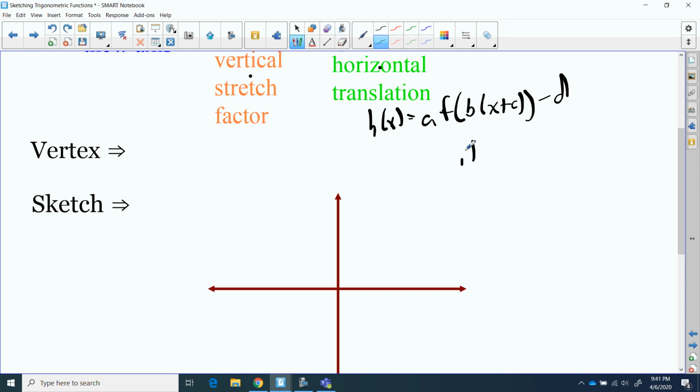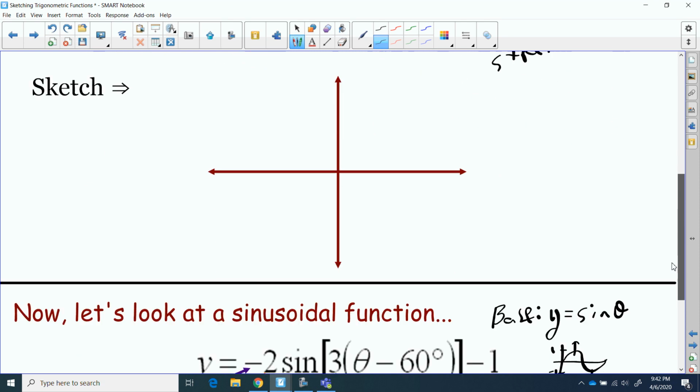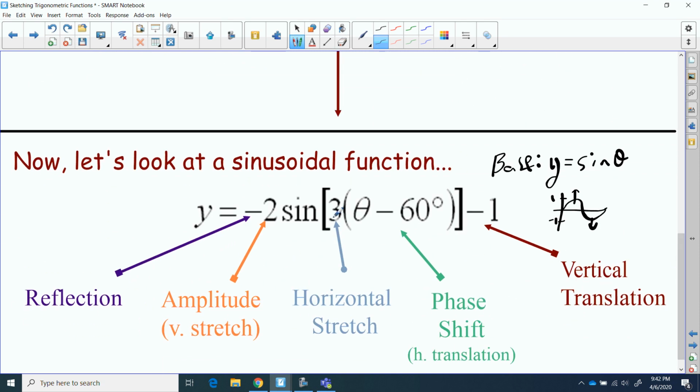The 3 here, which would correspond with this number here, if you remember from functions, was a horizontal stretch. And the factor in this one, if you remember, was always the reciprocal. So it would be 1 over b, the width of what it used to be horizontally. Well, that's going to tell me that this graph's going to be 1/3 the width of what it used to be.